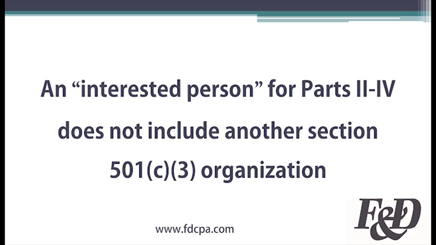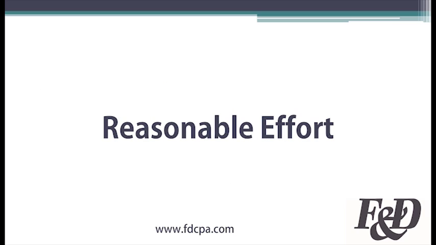This was something that was not clear in years past, but it's spelled out specifically in the instructions now. Lastly, on Schedule L, the 2013 instructions added some language for reasonable effort in regards to Part 2. The 2014 instructions expand the reasonable effort clause to the entire Schedule L.